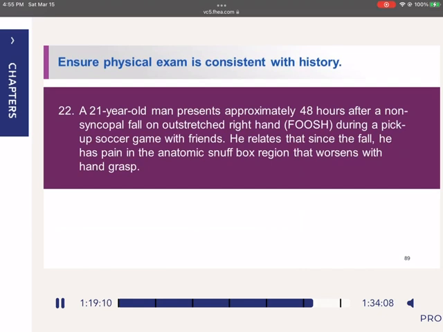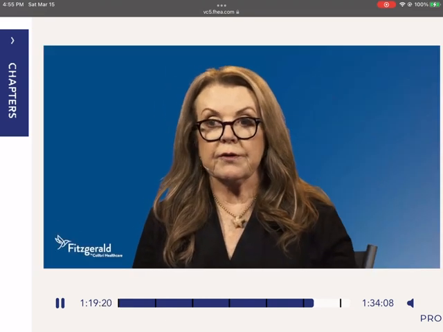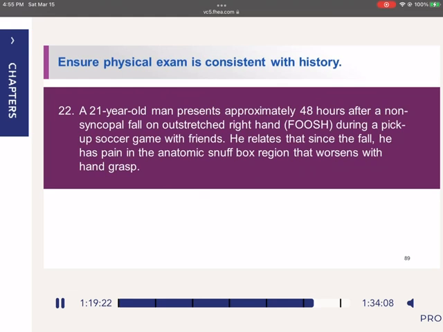Question 22. A 21-year-old man presents about 48 hours after a non-syncopal fall on an outstretched hand, FOOSH injury, during a pickup soccer game with friends. He relates that since the fall, he's had pain in the anatomic snuff box that worsens with hand grip.